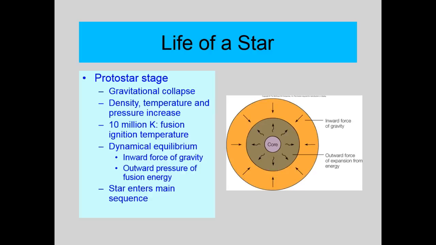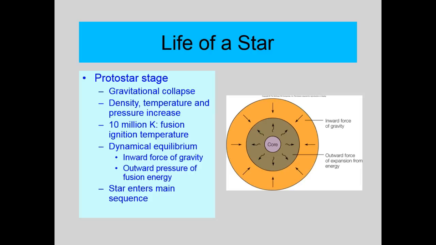Okay. So here's kind of what we have happening here. The inward force of gravitational collapse, but the outward force of the expansion from the nuclear fusion reaction. Pushing outward, gravity pulling inward. And all of that fusion is happening in the core only.